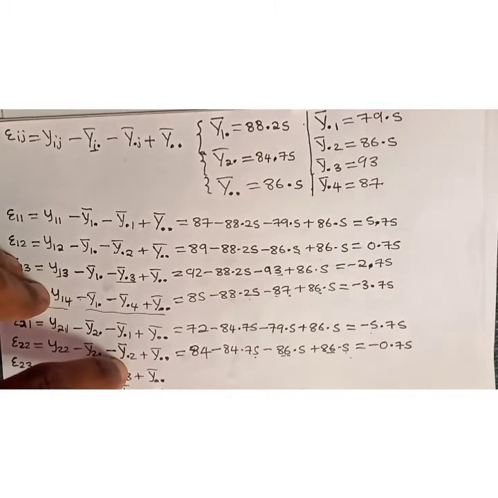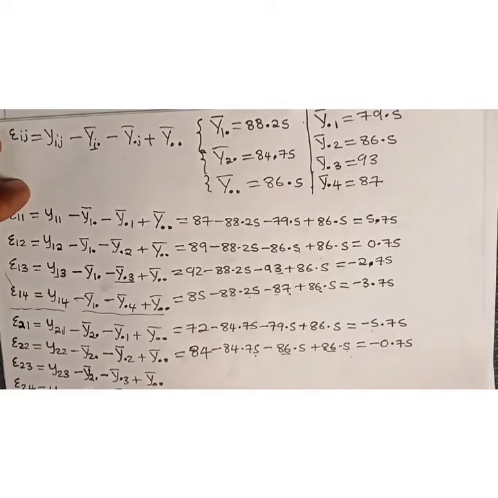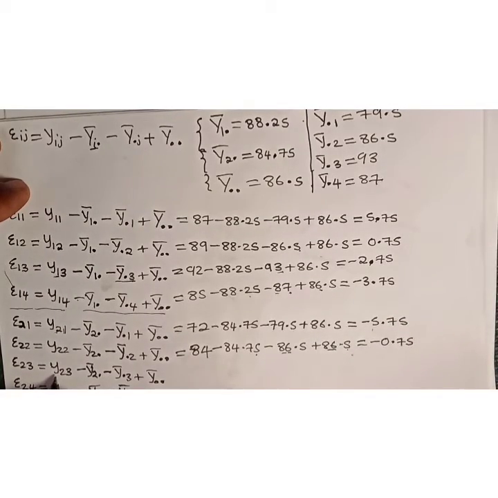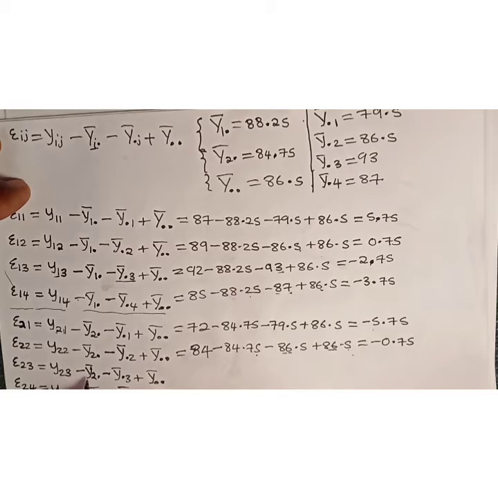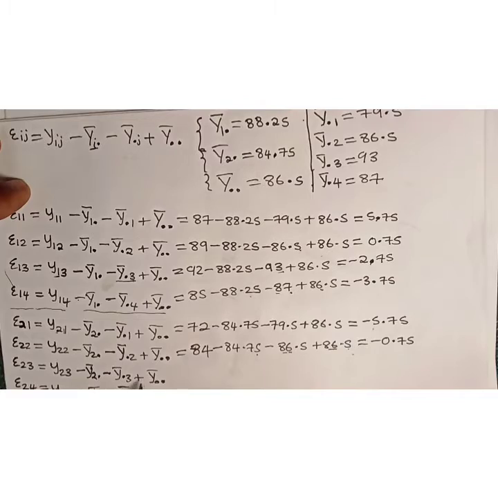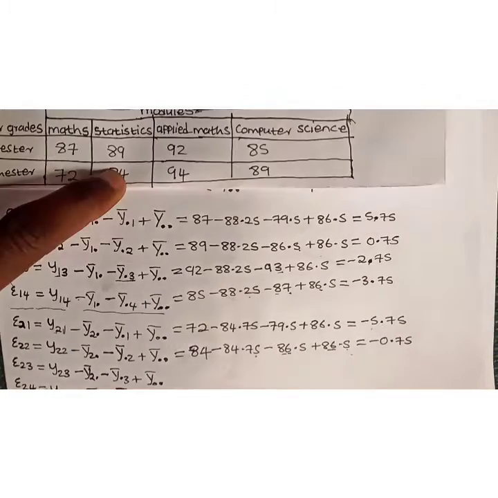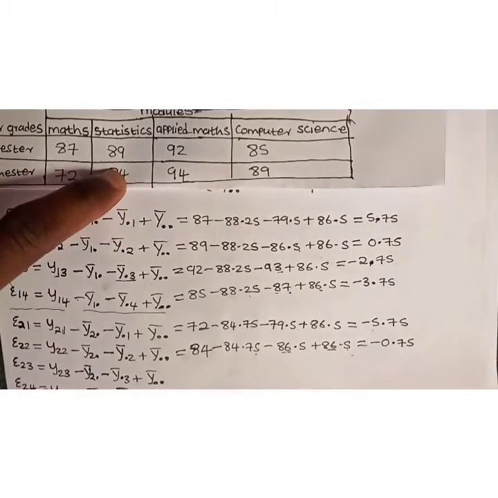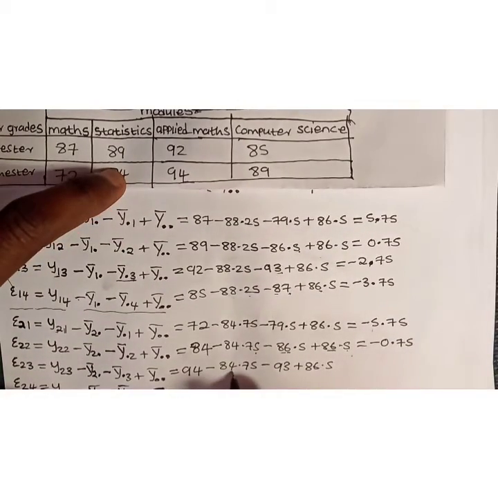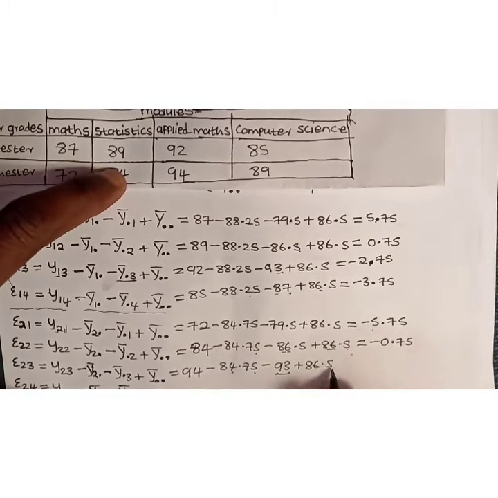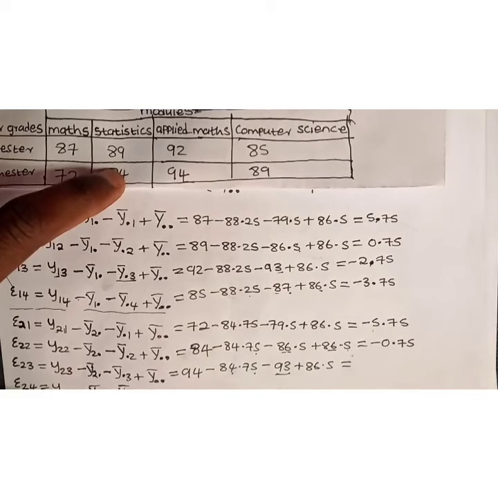E23 is given by the response on the second row, third column, minus the mean of the second treatment minus the mean of the third block plus the grand mean, which is 94 minus 84.75 minus 93 plus 86.5, and I get 2.75.